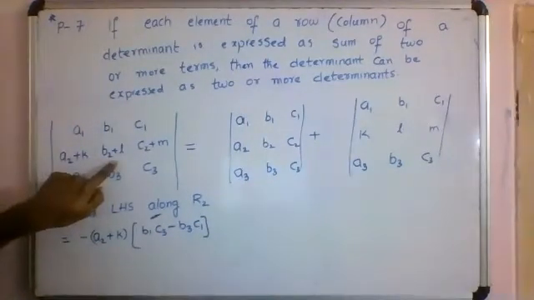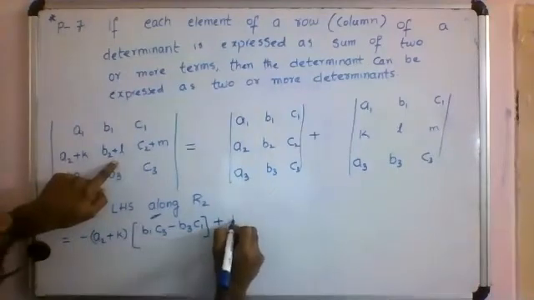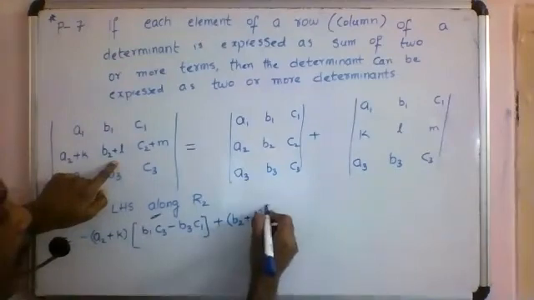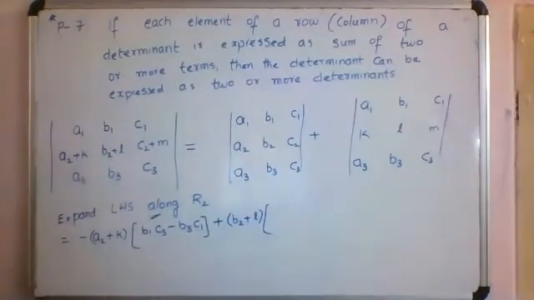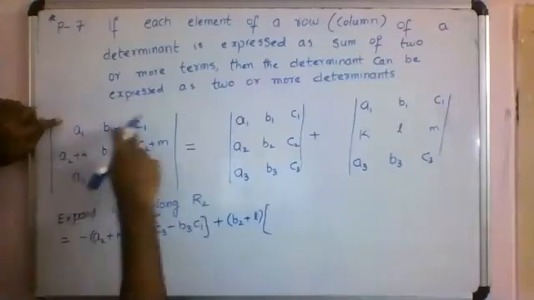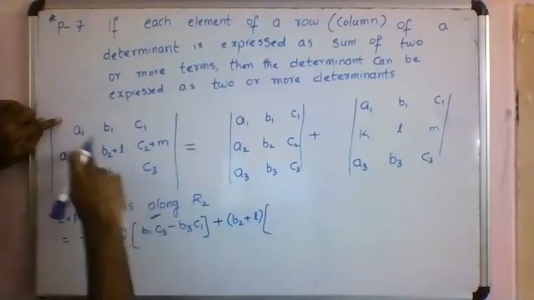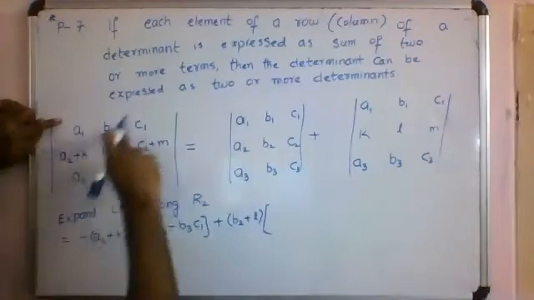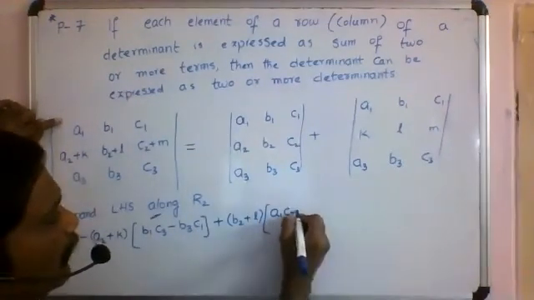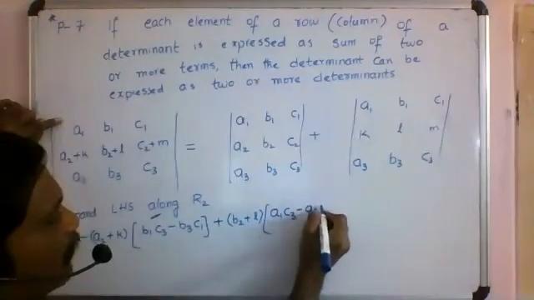Now for this one we get plus B2 plus L into, what I have to write? I have to remove this row and this column. We are left with A1 C1, A3 C3, and its determinant is A1 C3 minus A3 C1.